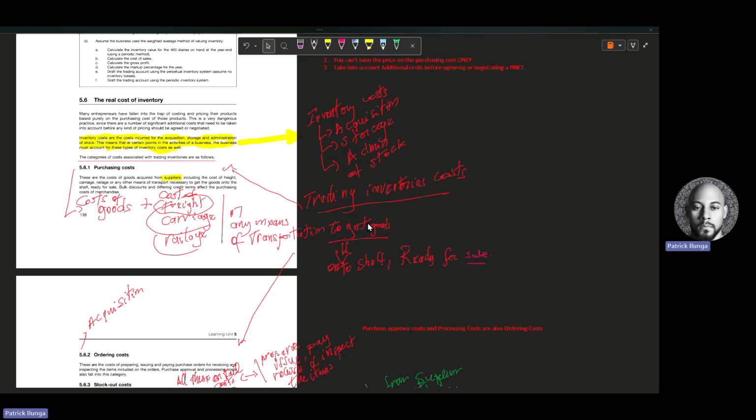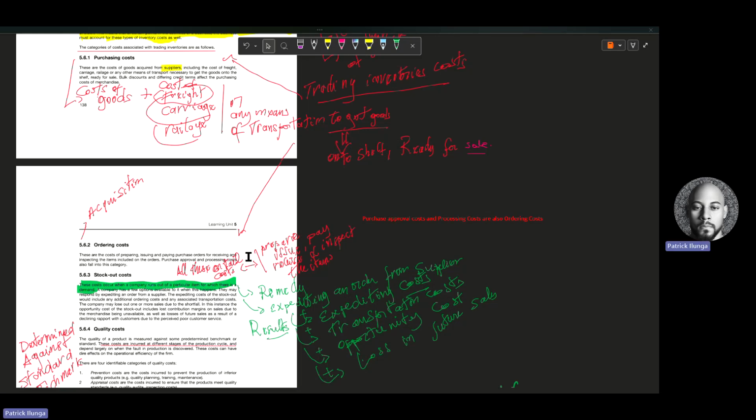We've touched on the cost of goods, a very important accounting concept. It is the cost of goods that you acquire from your suppliers, and this will include your freight, carriage, railage, basically any means of transportation to get the goods onto the shelf, ready for sale. Very easy, I'm making it easy, and you have some notes there, right?